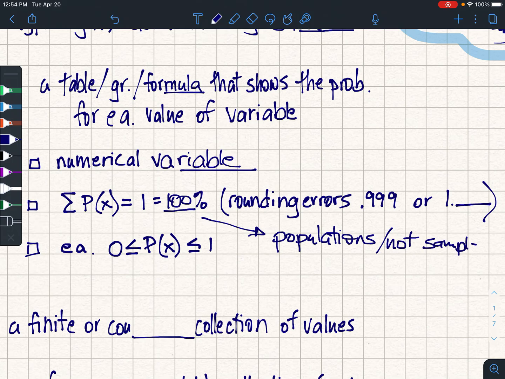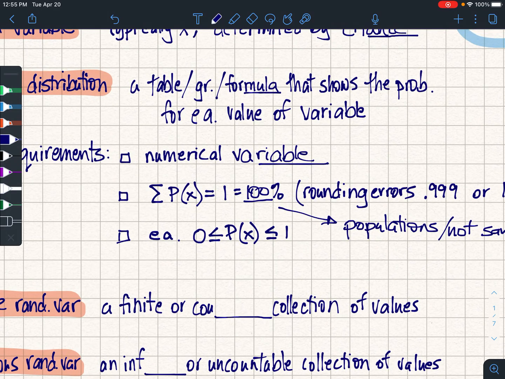Sometimes when you add those percentages up, you get something like 0.99 or 1.001. That isn't an error, except for the fact that it might be a rounding error in the problem, which caused us to get close to 1. But in theory, it should be 100%. Each probability must be between 0 and 1.